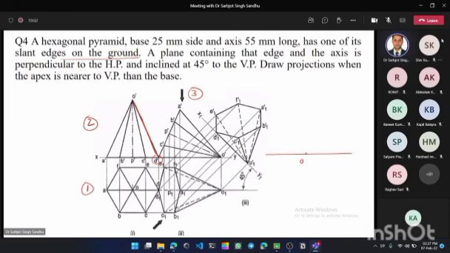So choose the point D dash, measure this length, the length of this slant edge O dash D dash, and mark the point O dash. Then you have to copy this figure on this one. So measure these angles.